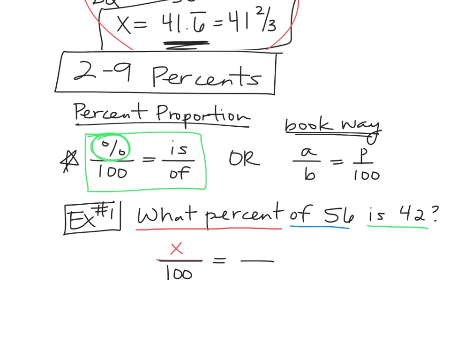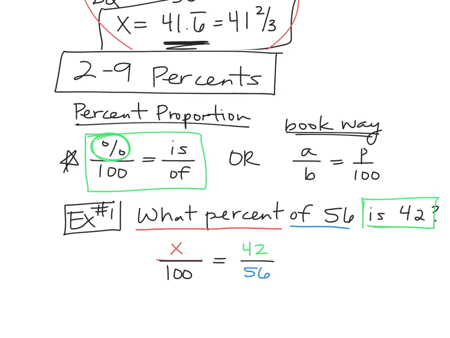What would you guess is our is number? 42, right? That's the one that goes with the is. So 42 here. And what is our of number? 56, okay? As long as you can set up that proportion, you can figure out your percentages.